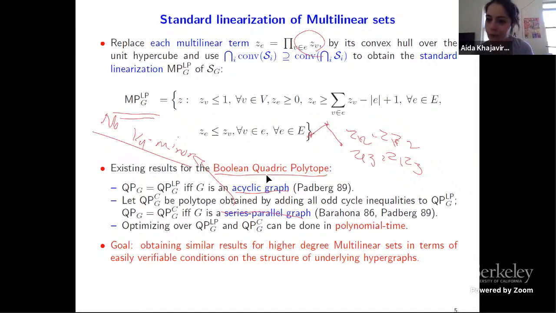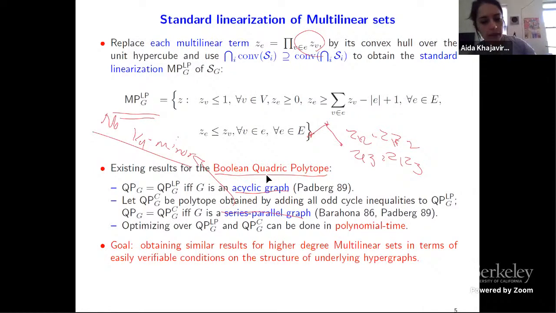And indeed, if you also looked at the solvers, for quadratic programs we are still able to solve those problems more efficiently. But we said, okay, let's try to do a similar study for multilinear sets that contain higher degree multilinear terms.